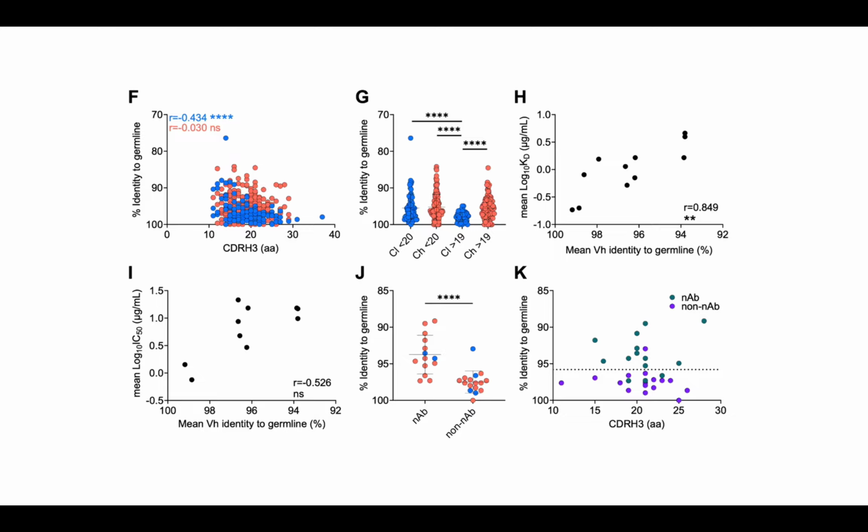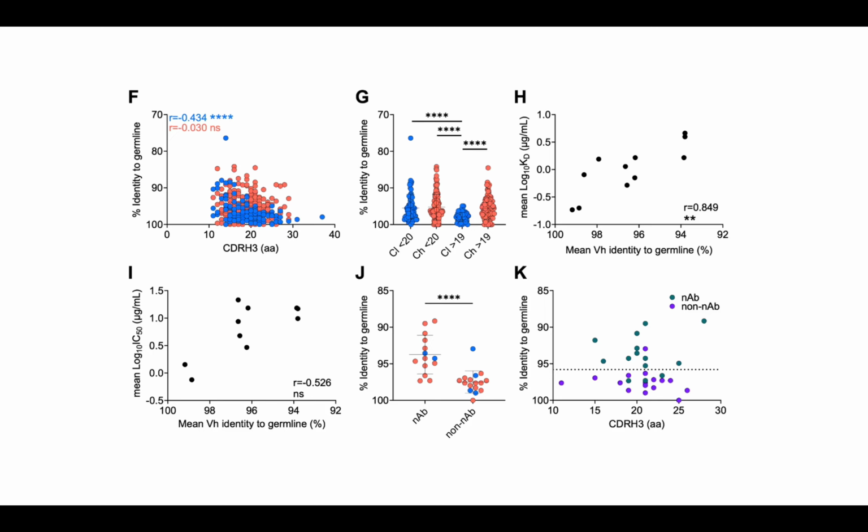And we divided this into greater than 19 length and less than 20 length, and we observed there's no significant difference between clears and chronics when the CDR3 length is less than 20. When it's greater than 19, we saw a significant difference between clears and chronics.